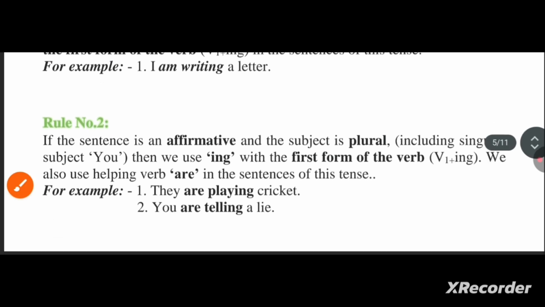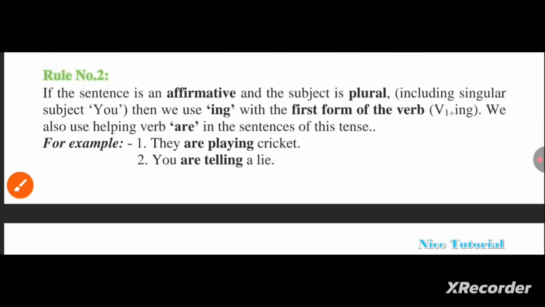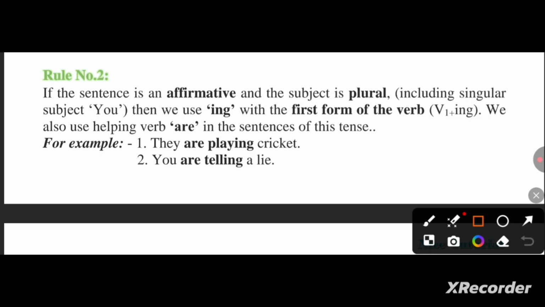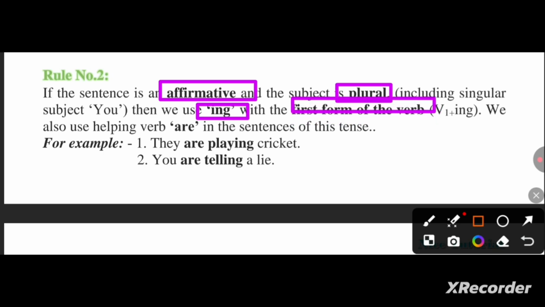Now, if the subject is plural and the sentence is an affirmative one, then we use ing with the first form of the verb and we use the helping verb are.